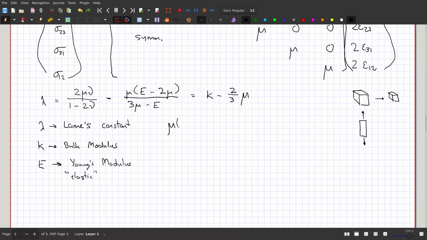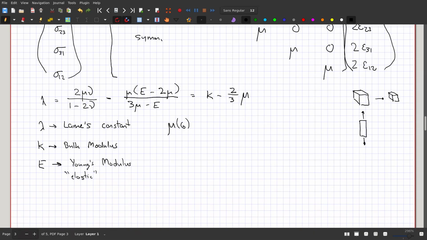Mu, and sometimes in the literature you'll also see, most of these symbols are fairly common: K is almost always the bulk modulus, E is almost always Young's modulus, lambda is always Lame's constant. The one that's different is mu, which is sometimes used as the shear modulus, and sometimes G is used as the shear modulus.